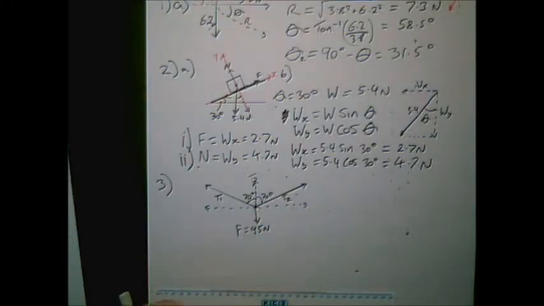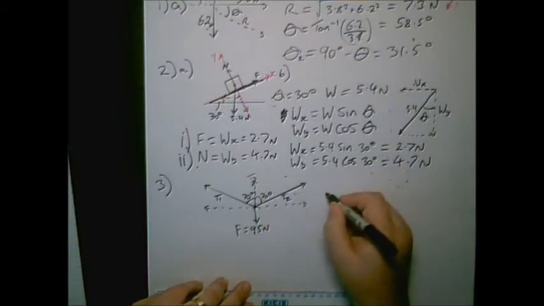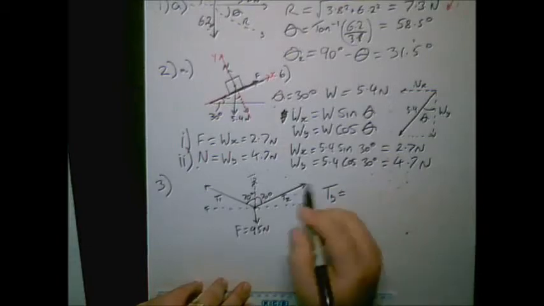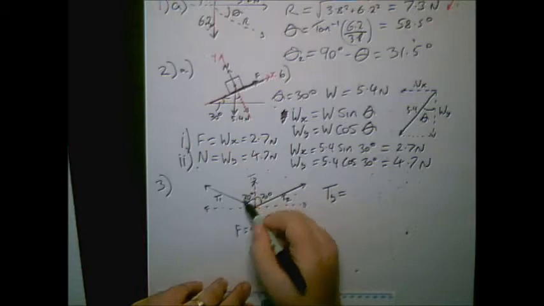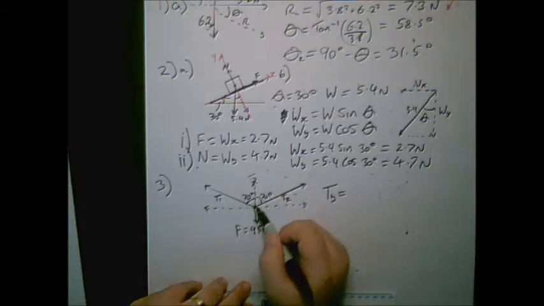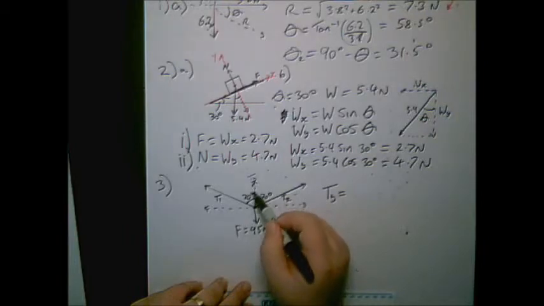So we can say that in maths we'll call this Ty. So we want the vertical component of this one. Now we're going to use some trigonometry here. We've got the hypotenuse, we've got the side adjacent to the angle, so we're going to be using the cos function.